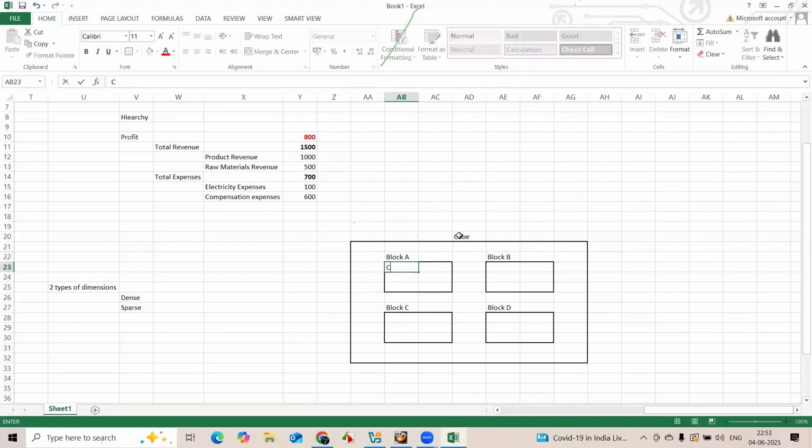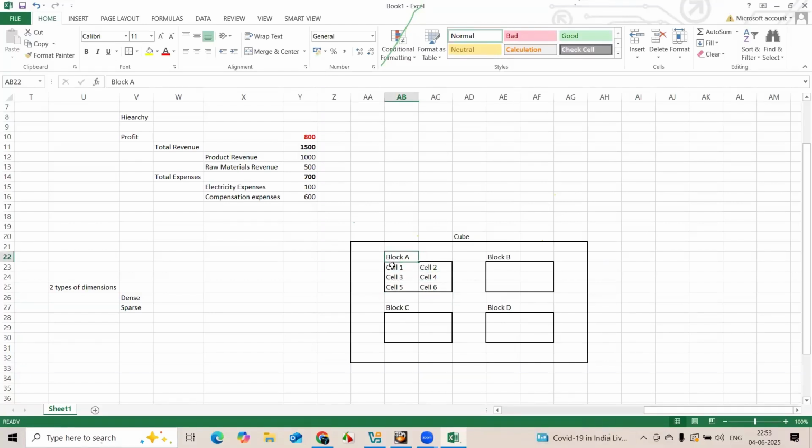A block can have multiple cells. Cells in the sense apartments here. So this is cell 1, cell 2, cell 3, cell 4, cell 5, and cell 6. The land area you can relate to the cube, block A, block B, block C, block D you can consider as blocks, and the apartments like apartment 1, apartment 2, you can consider as cells.